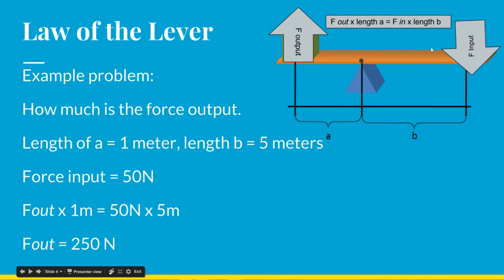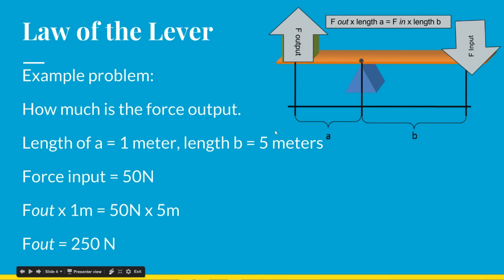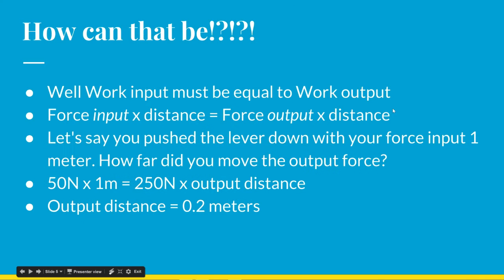Okay, so how far you push this down with how much force, if you multiply that together, it has to be equal to the force output times how much you move that force output or that load. Okay, so let's do the problem. So let's say you push the lever down with your hand for 1 meter, right? So you push down with 50 newtons for 1 meter.